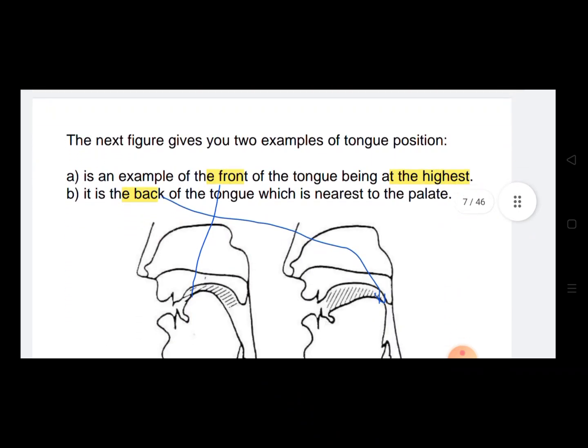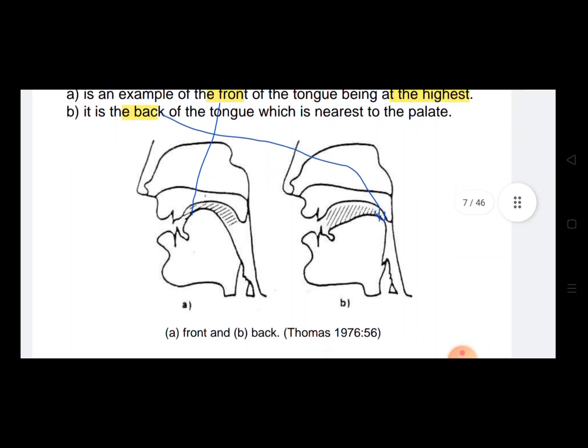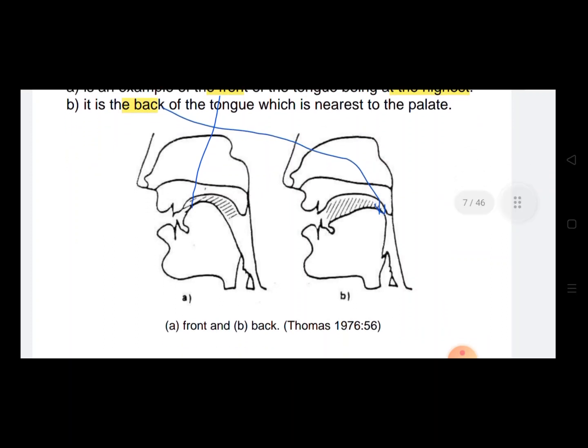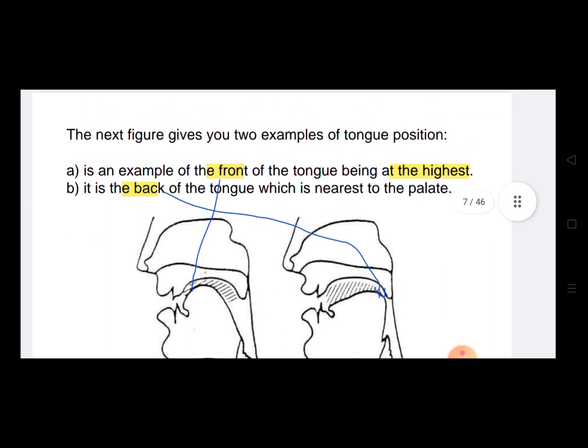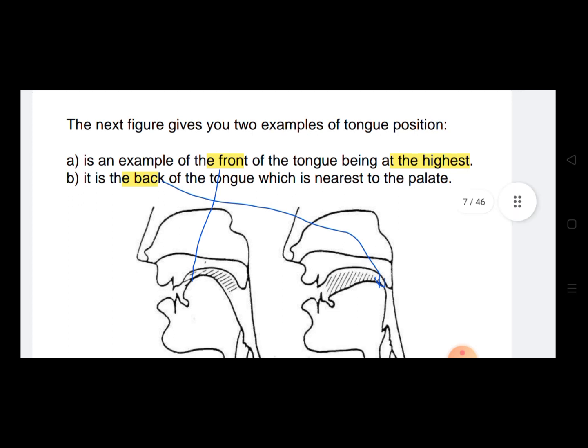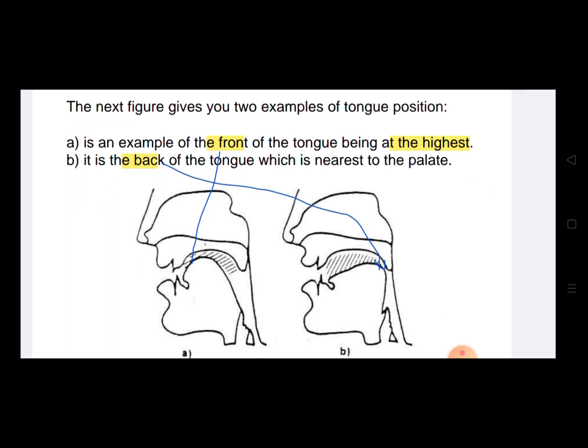In diagram A, see the front: it is an example of the front of the tongue being at the highest position while pronouncing the vowel E, and in figure B you can see that it is the back of the tongue which is raised, at the highest position, while pronouncing the vowel U.